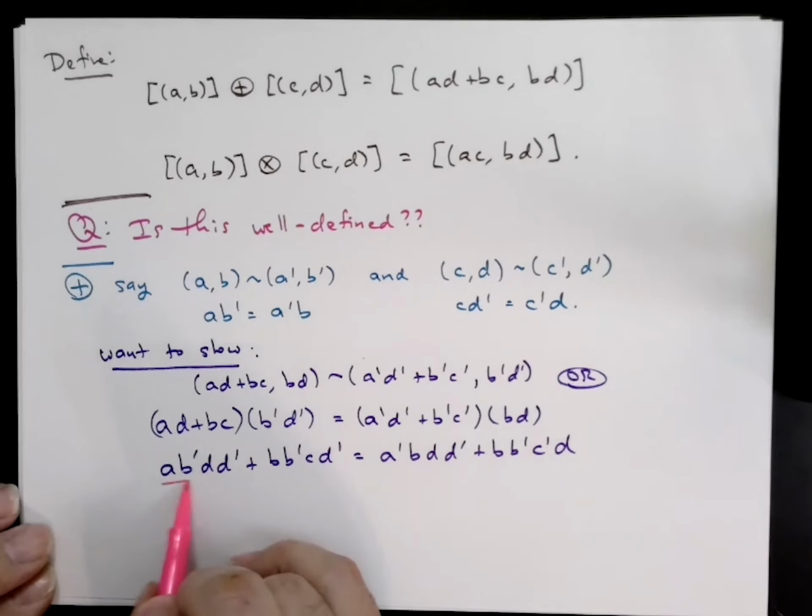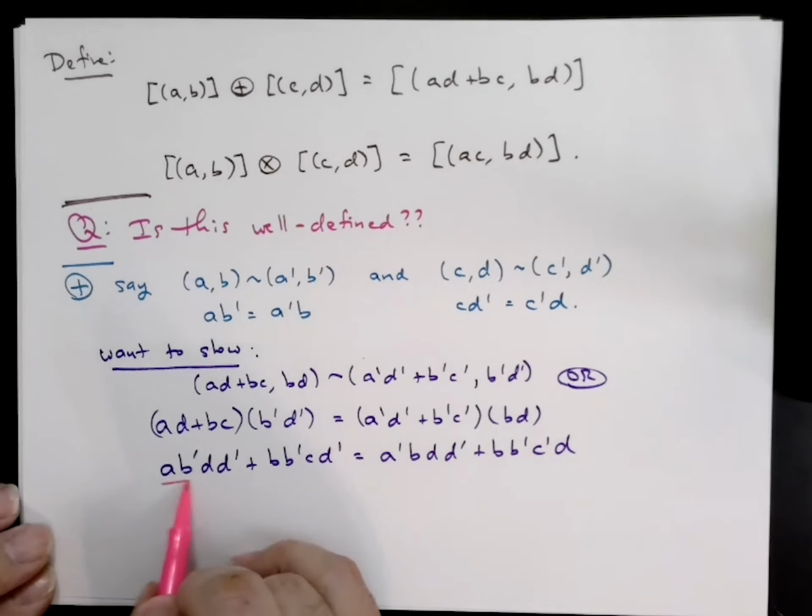But by assumption, those are equal because the pair (A, B) is equivalent to the pair (A', B'). Similarly, if we look at the last term on each side, both of them have a BB'. We could ignore that, and we're left with CD' on one side and C'D on the other side. And again, by assumption, those are equal.